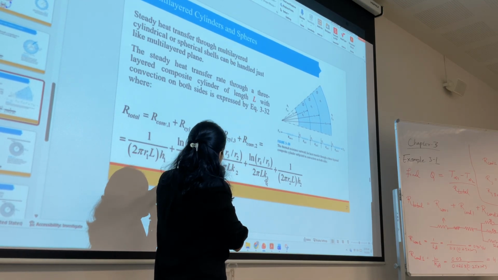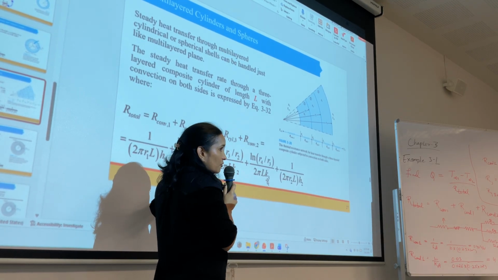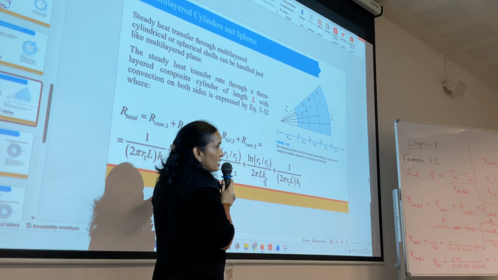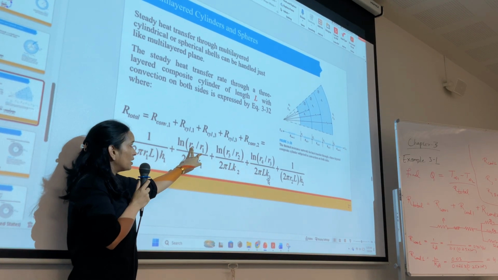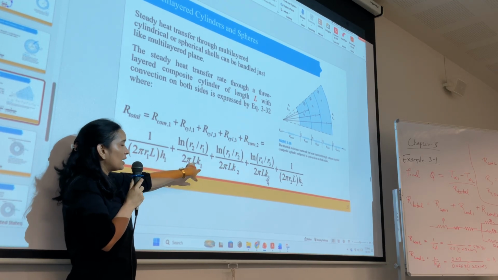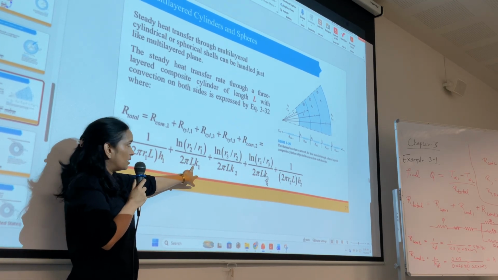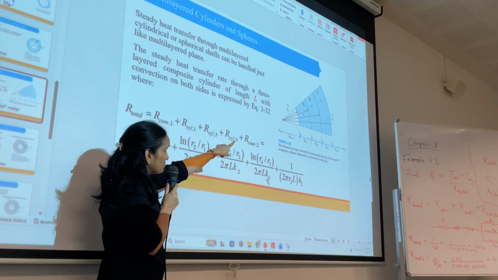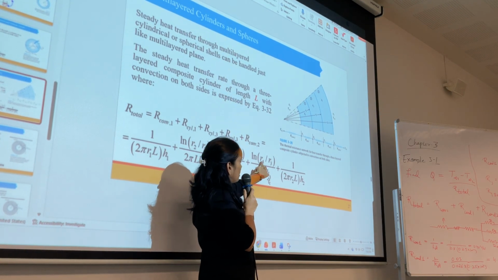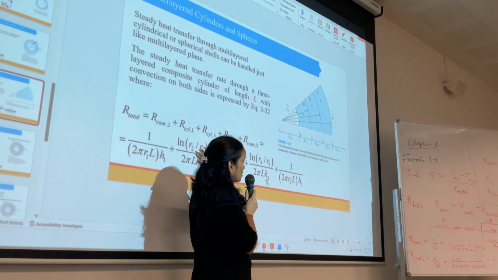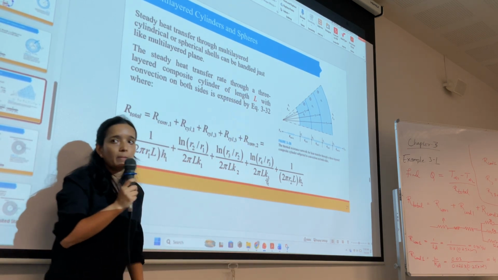Okay, L divided by k1A for the plane wall, and ln R2 divided by R1 over 2 pi L k1 for cylinder. So you add this 3 times. There are 3 layers. So 1, 2, R3 to R2, R4 to R3, 3 times, and then convection.